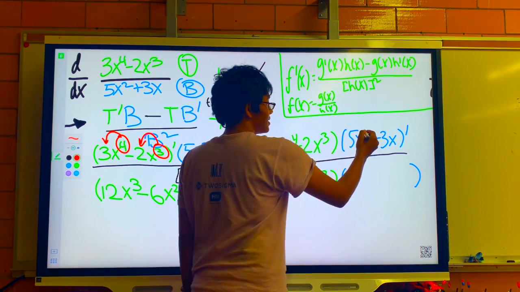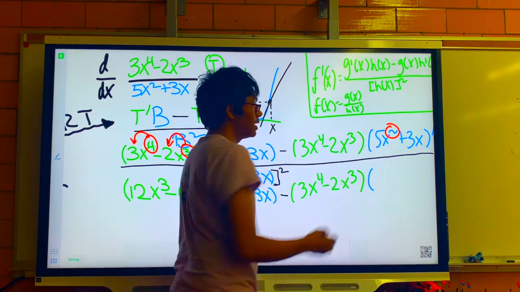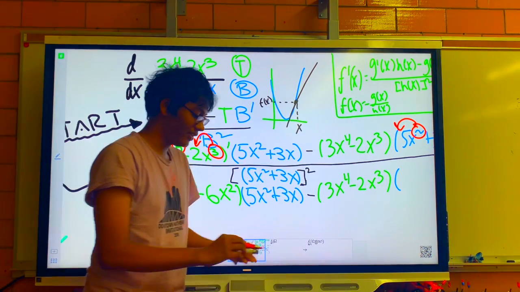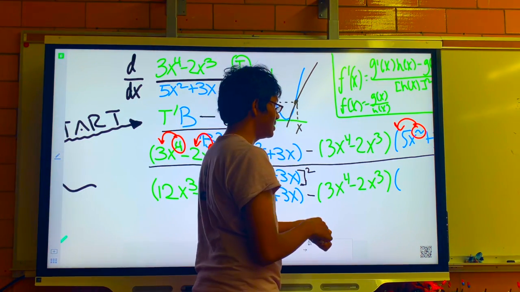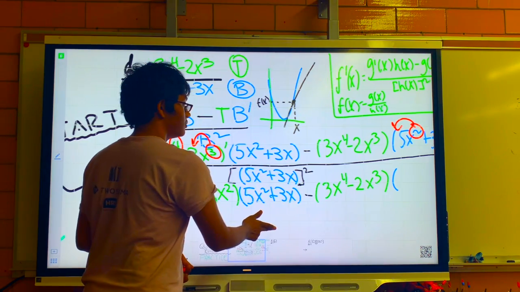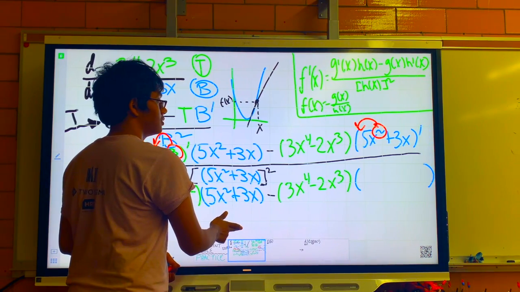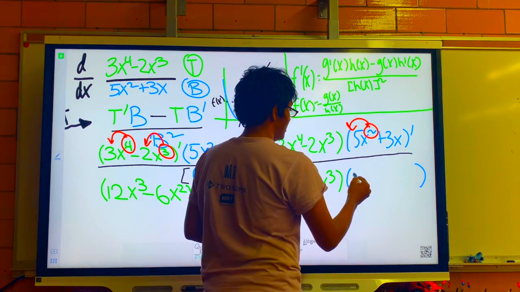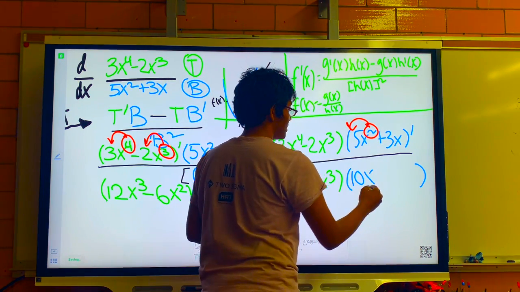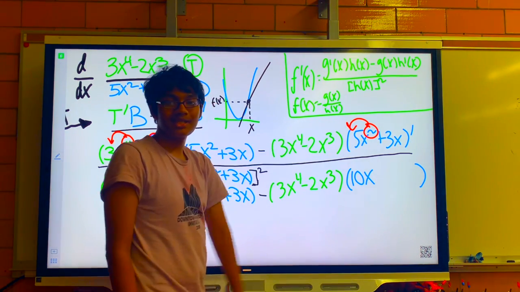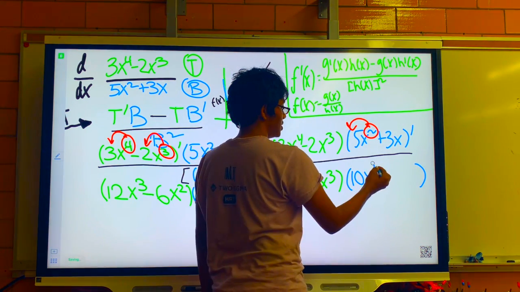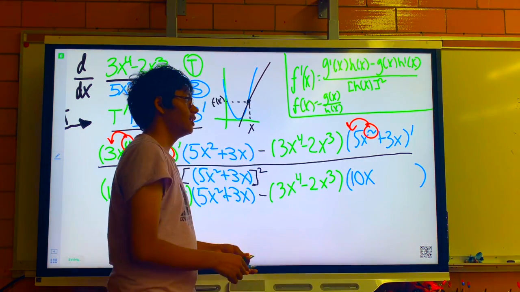So I'm going to take this exponent of 2, I'm going to multiply it with this coefficient of 5. Right? 5 times 2, well, that's just going to give me 10. And remember, I'm going to reduce this exponent of 2 by 1, so that I simply get 1, which I can just write as 10x.